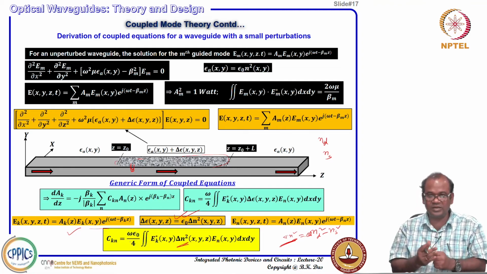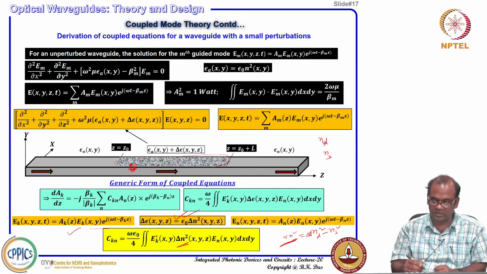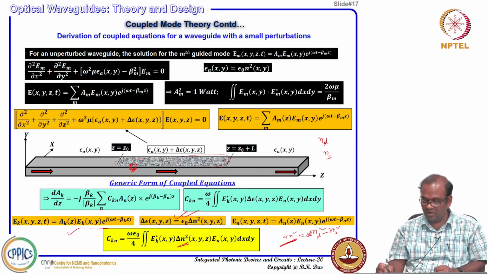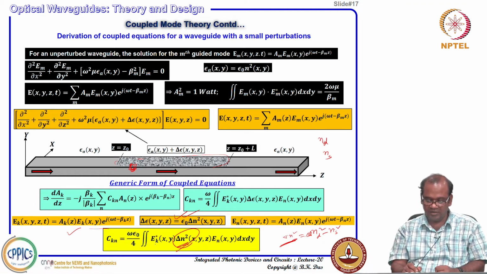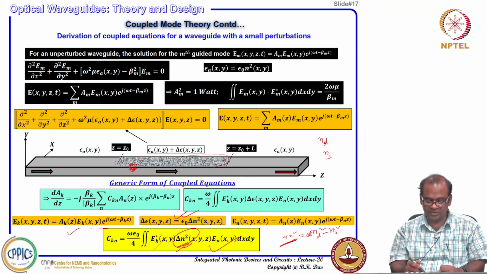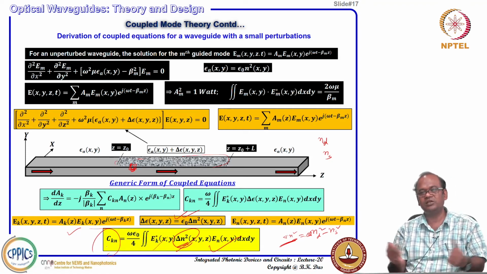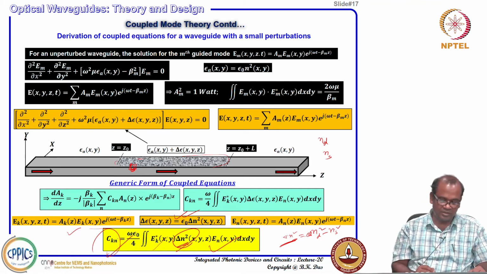Over the entire cross section you probably do not have any perturbation, maybe only in a particular region there is a change of refractive index. In that region delta n is non-zero, and obviously the field strength is there. The kth mode field and nth mode field you have already solved numerically, so you can use them and integrate only over the perturbation region, and then you will get Ckn. That is easy to calculate. Once you know the mode profile and where the perturbation is, you can calculate Ckn.